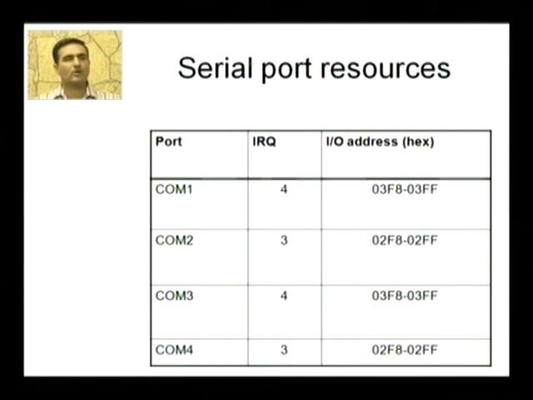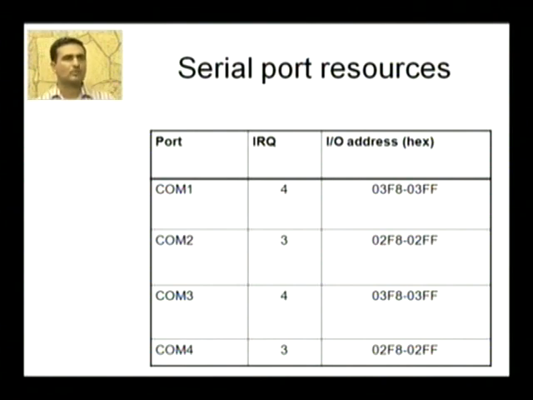Next is the COM2 port. COM2 uses the third interrupt request, and for the COM2 port the input output address is 02F8 to 02FF, as this address has been shown in hexadecimals.